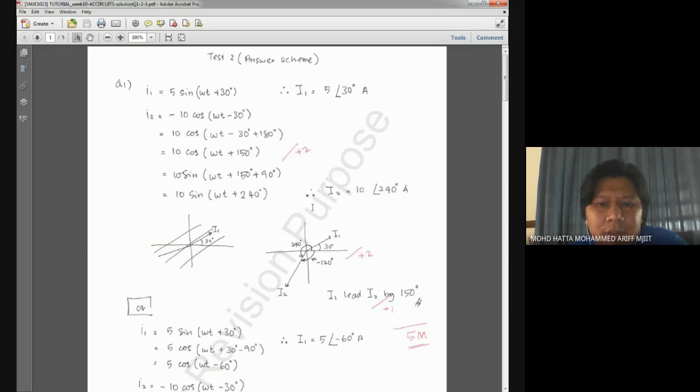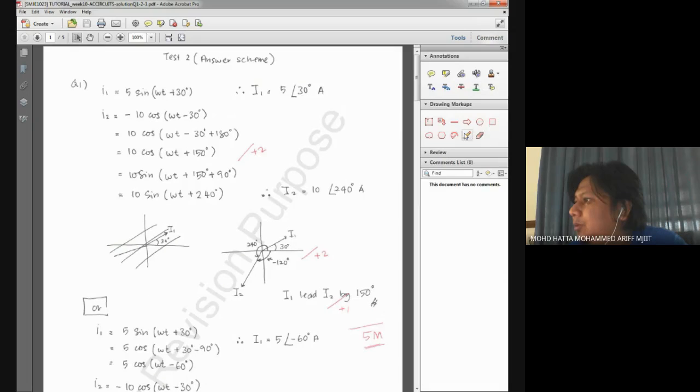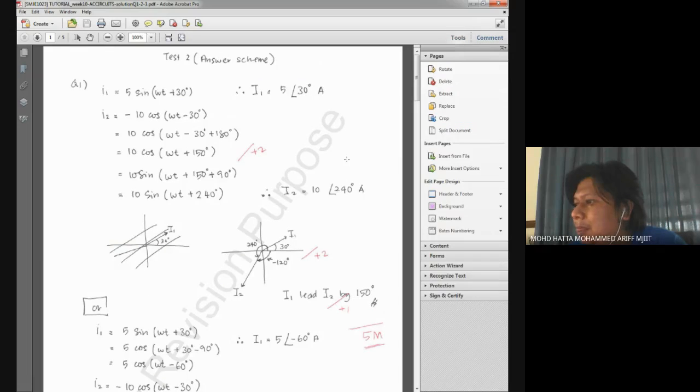So now, if you try to draw it, it's very easy. For I1, it's given by the vector over here. Maybe I'll annotate a bit. So I1 is here. Remember that the angle should be 30 degrees because we have a vector 5 with the angle of 30. And for I2, we have 10 with the angle of 240.